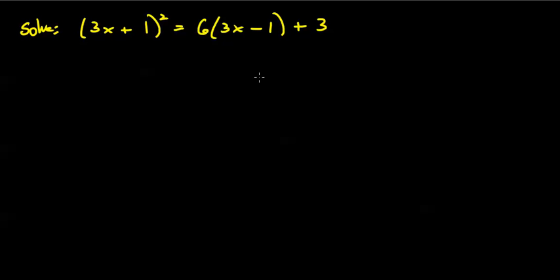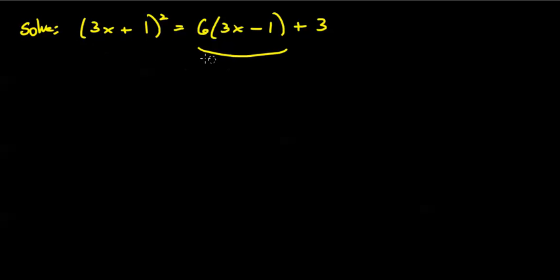Alright, the real battle here is going to be to get it in standard form. Well, clearly you've got to perform some operations. I've got to square this binomial, I've got to multiply this binomial through by 6, and then I've got to combine like terms to get things in standard form.